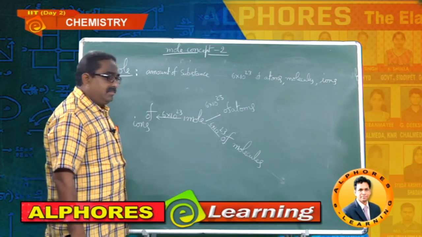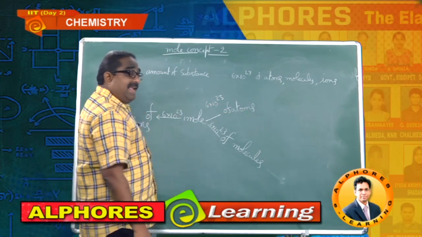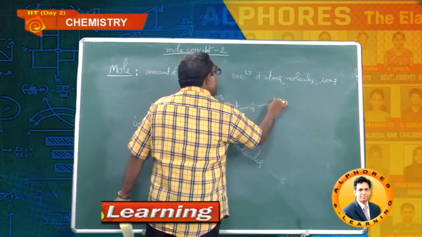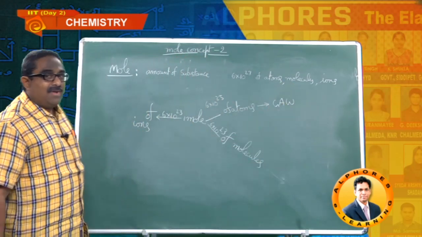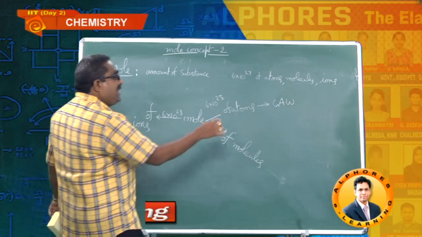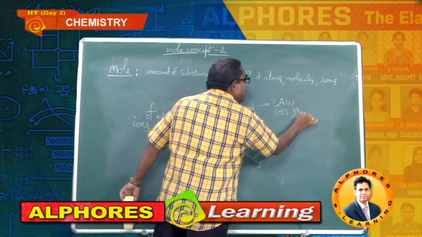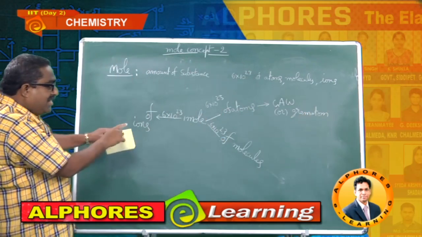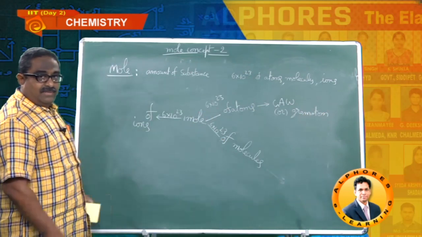We know 1 mole of atoms means 6 into 10 power 23 atoms, which you can take the weight of this as GAW, gram atomic weight of that element. Simply we can also call it as gram atom. In the previous session we have discussed this. Now I am going to relate our mole to that concept, right?